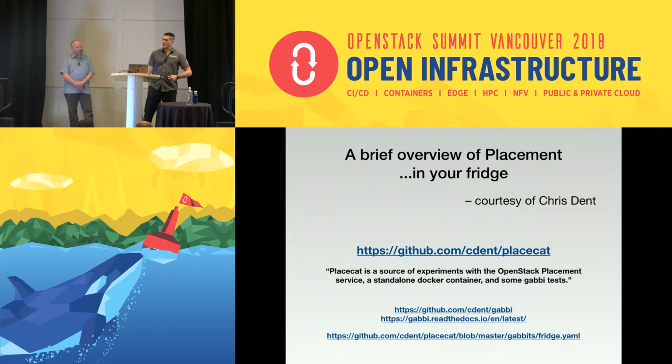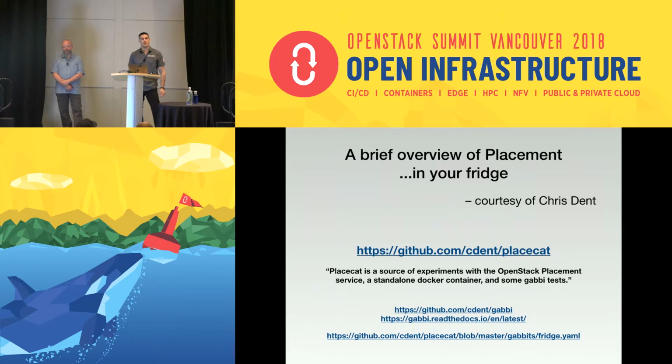So this next section is brought to you courtesy of Chris Dent, who's sitting here in the second row. He put together this repository in GitHub that does a couple of things, one of which is allows you to sort of deploy a placement service in a Docker container. And then it also allows you to just run stuff against it, right?